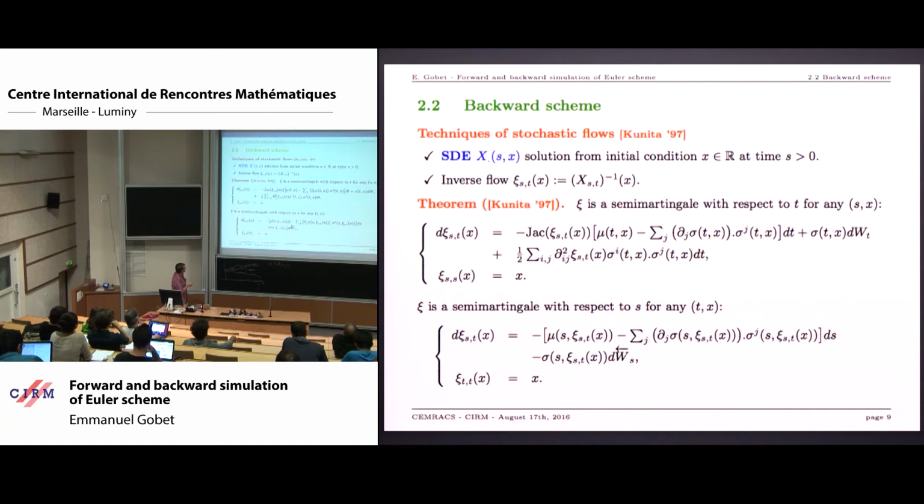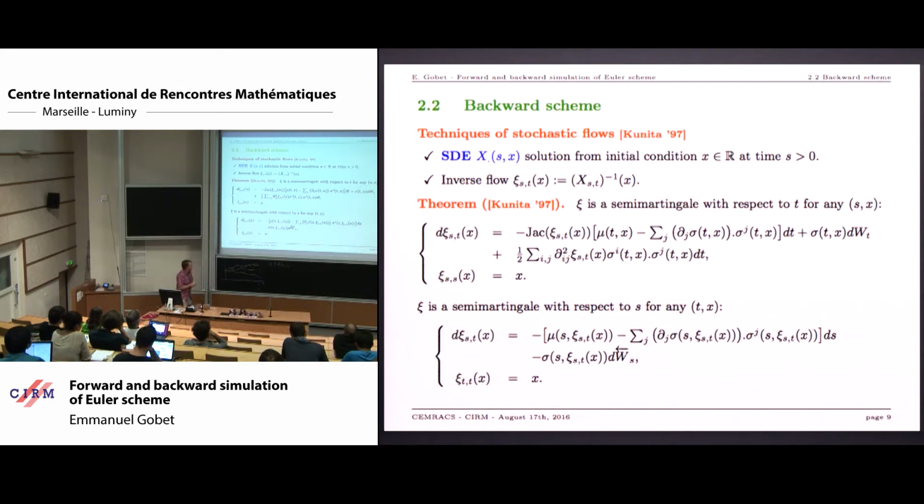Okay, so typically, here I'm going to look at the process X as a function of different parameters. So not only time is here as the lower index, but also as a function of initial time and initial point.